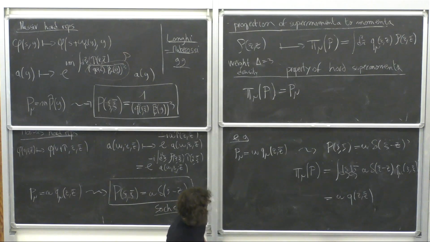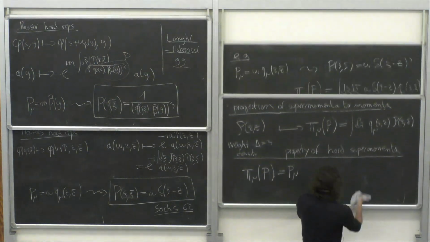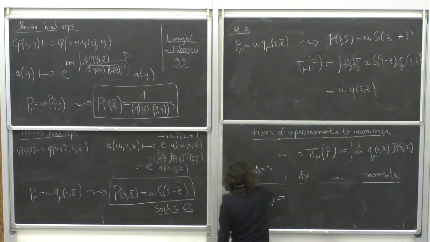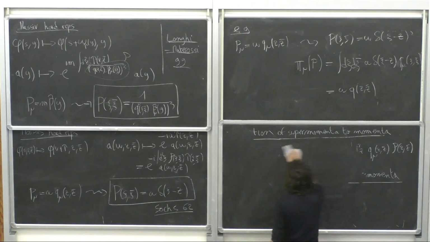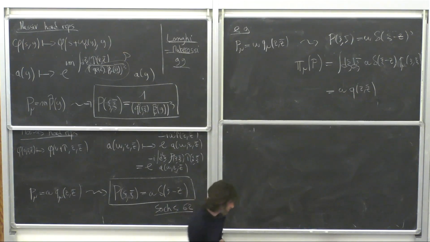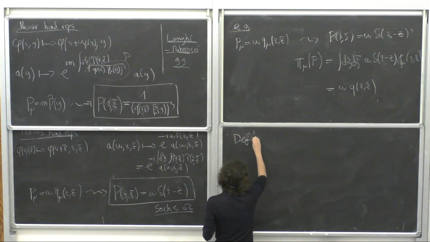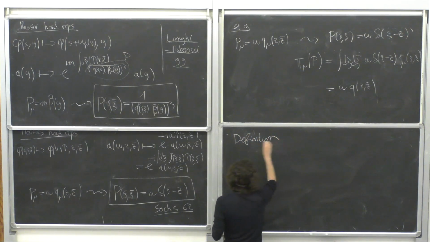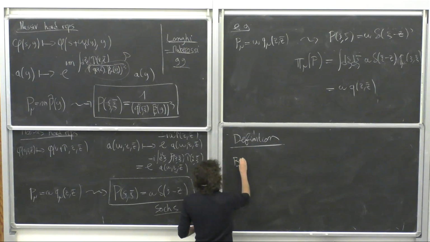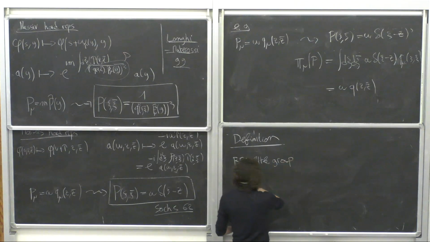Okay, so this projection allows us to make sense of the BMS little group and the Poincaré little group, just because I want to be able to say in which sense these hard representations are special. So, definition. The BMS little group, in the same sense, what is the little group?